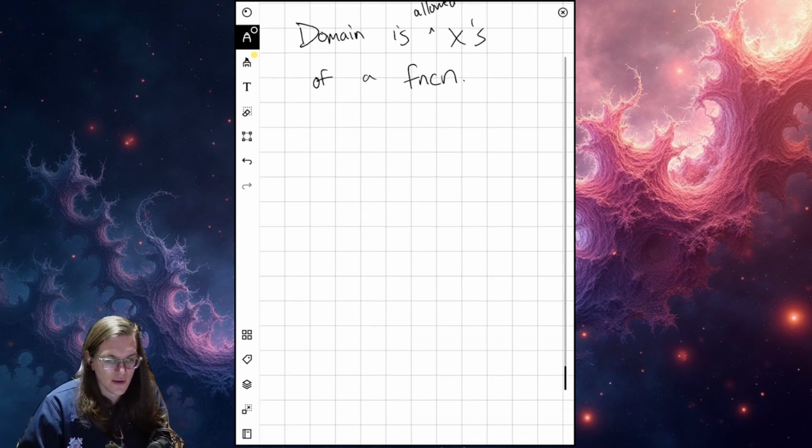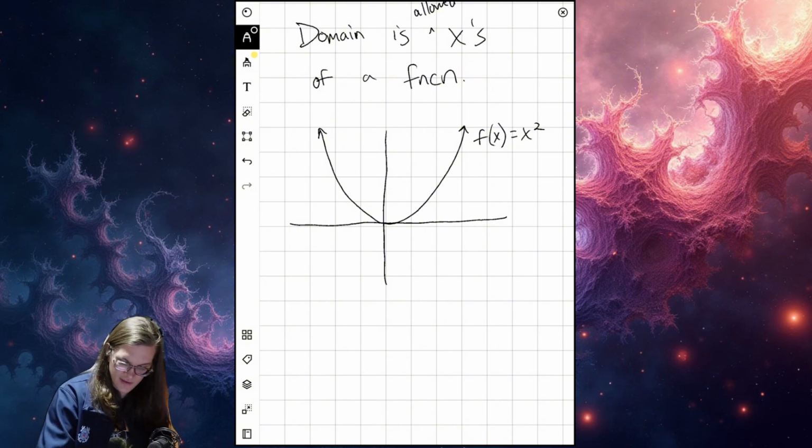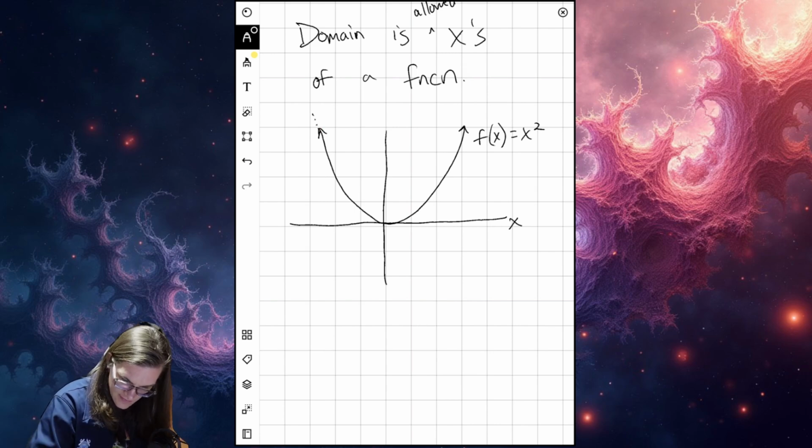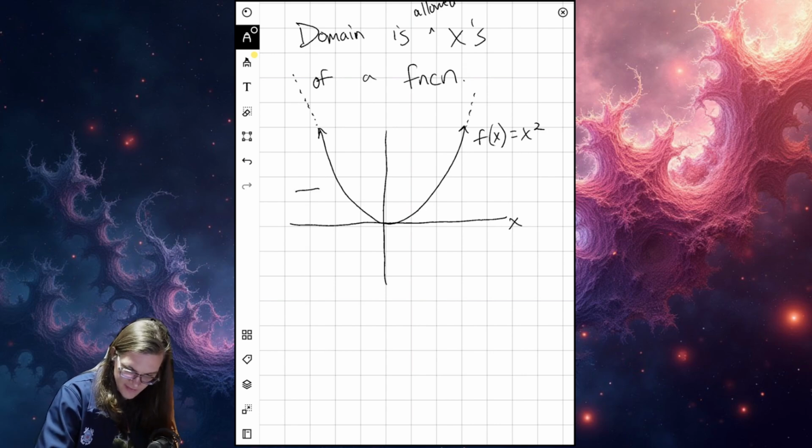Okay? The domain of this beautiful thing called a parabola, which everybody loves, right? The domain, well, this is my x-axis. This arrow means that this goes on to infinity. And so x values go from left to right on this graph. And so this dot, dot, dot will go left to infinity, negative infinity, I should say.